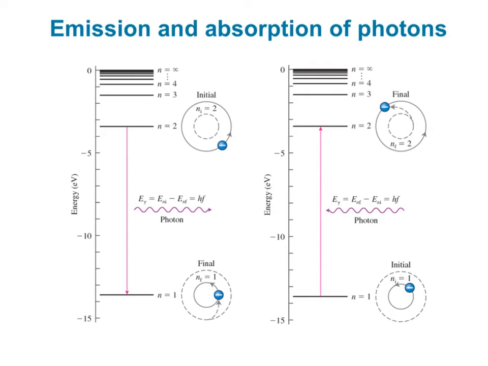Let's move on to the next topic that I talked about at the beginning, and that is atomic physics and the emission and absorption of photons, basically energy level diagrams. So these are energy level diagrams. Energy level diagrams are created to graphically show the energy of electrons in their orbital shells in the Bohr model of the atom.